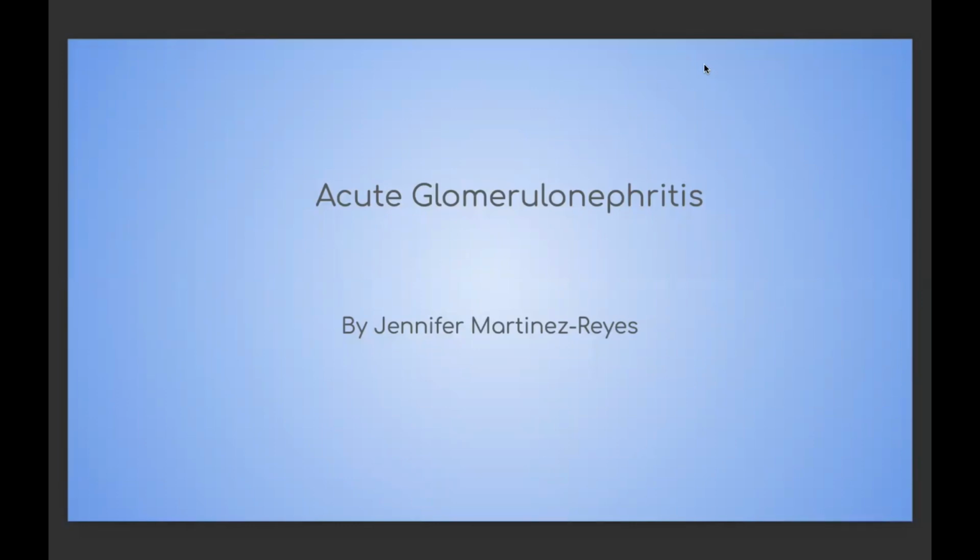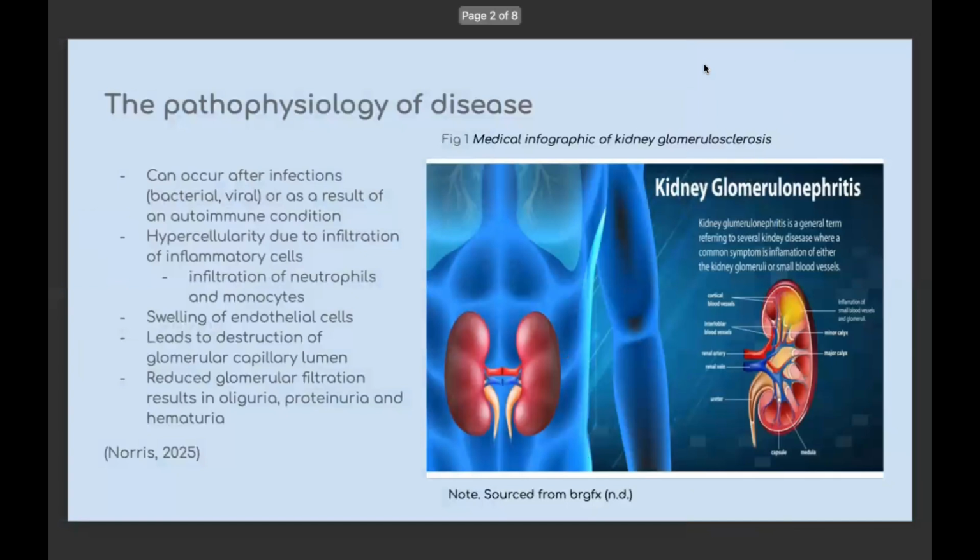So, the pathophysiology of this condition: it can be triggered by infections such as bacterial or viral infections, or by autoimmune disorders. The body forms antigen/antibody complexes in response to these infections, and these complexes then travel to the glomerular tissue.